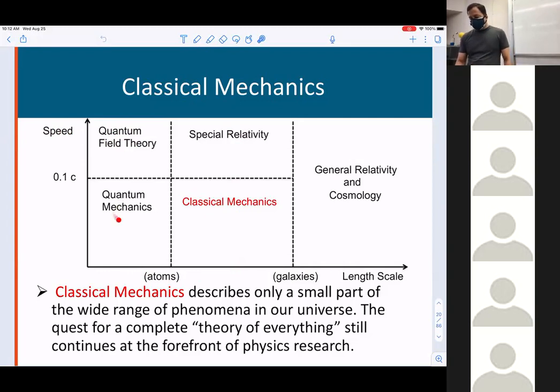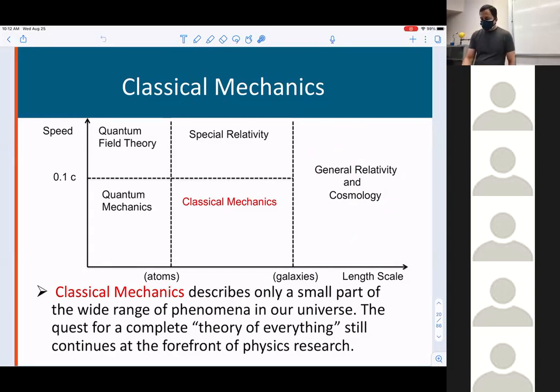If you're dealing with small speeds and small scales inside of an atom, that's the realm of quantum mechanics. If you're dealing with things that are really huge, black holes, galaxies, etc., then this region here is described, whether you're at high or low speeds, by general relativity and cosmology.